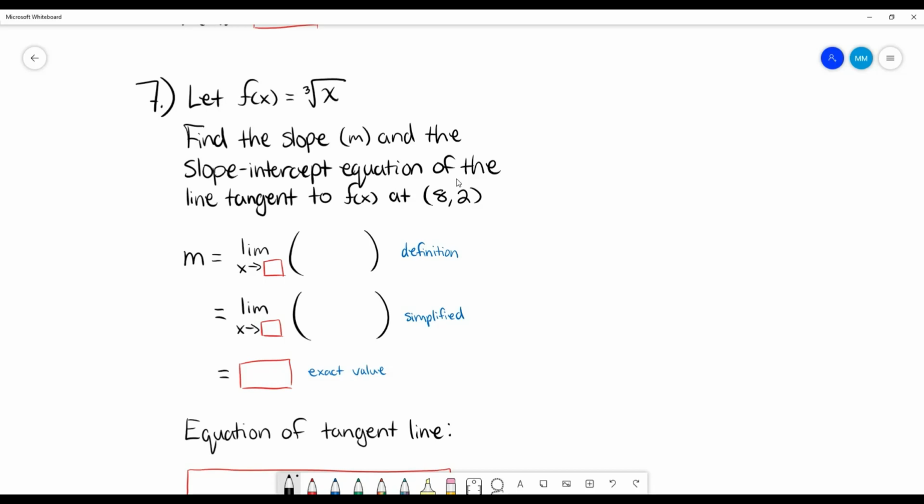So remember, we find our slope by plugging it in. So in this case, our x value at the point given is 8. So as x approaches 8, we get cube root of x minus the cube root of 8, which is 2, over x minus 8.